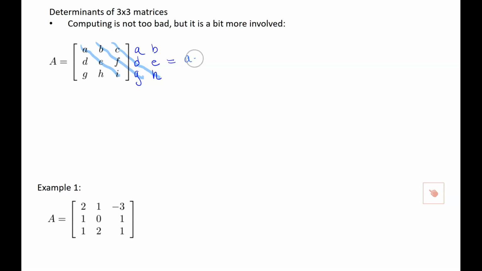So I'll have A times E times I plus B times F times G plus C times D times H. Then I'm going to take products along backwards diagonals and subtract those. So I'll have minus C times E times G minus A times F times H minus B times D times I.